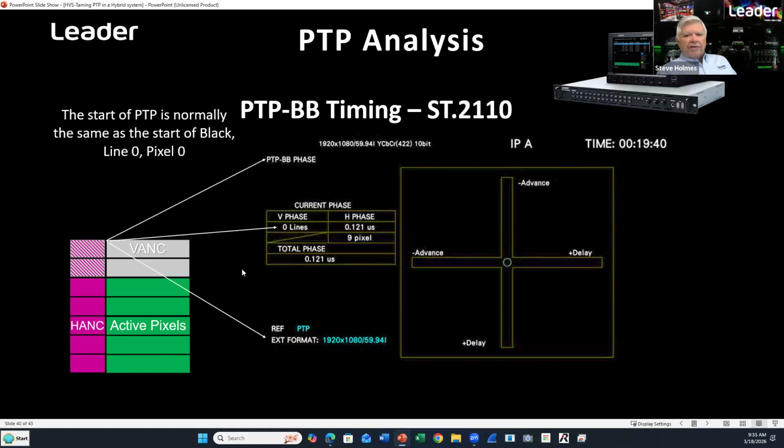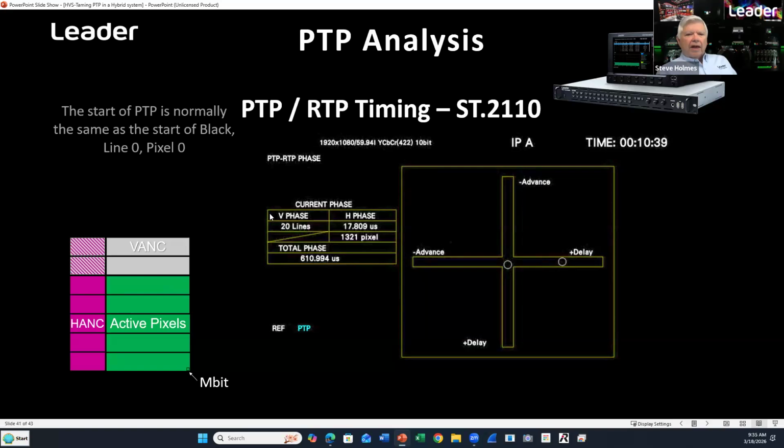The other unique thing is there is a RTP timestamp in the video leg of 2110 in the -20. That RTP is time stamped when the frame is made.